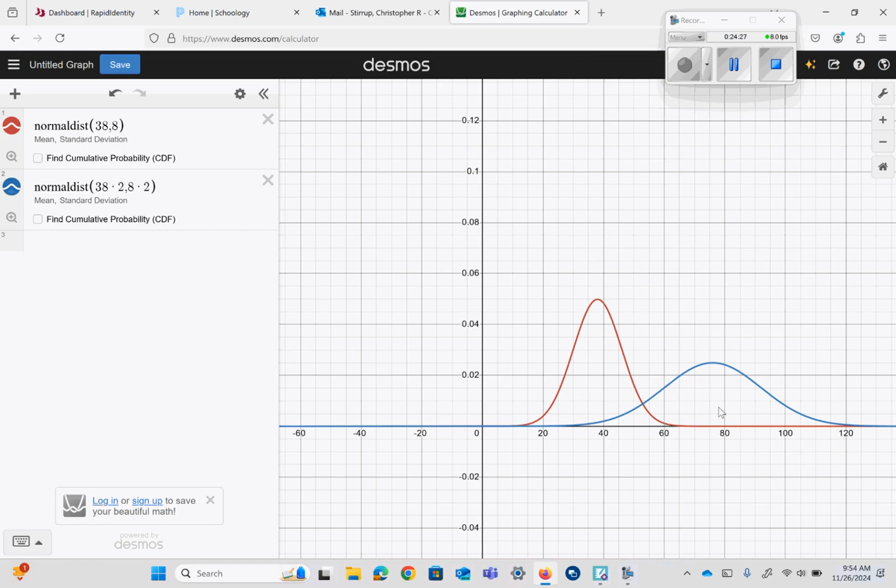All right. Mr. Jenkins starts work at 8 a.m. sharp. If he leaves at 7:20, what percent chance will he make it to work on time? Okay, so we're going back to the normal distribution. He leaves at 7:20, needs to be here at 8. So I need to go back to my first normal distribution.